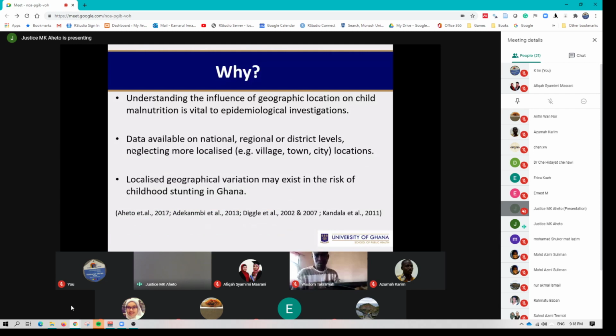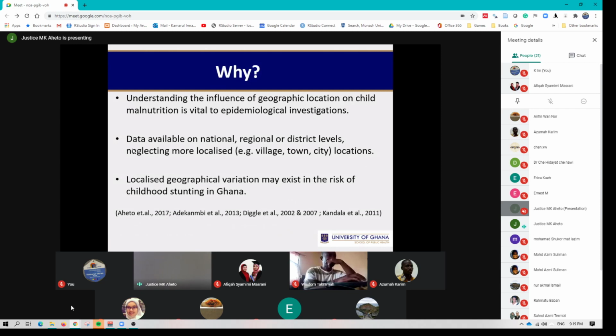Okay, so why am I interested in this very area or this very study? We all know for sure that understanding the influence of location on health is very critical, especially to epidemiological investigations. Because one of the questions you want to answer is, if we come to under 5 child malnutrition, does geographical location matter?